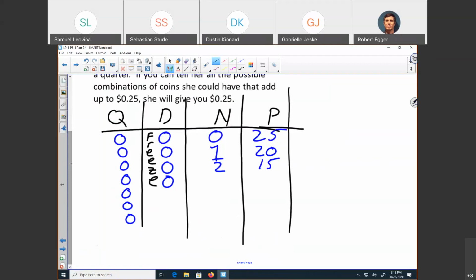Let's freeze our dimes for the time being. Let's get another nickel's worth of pennies out, because 3 nickels makes 15 cents. 15 plus 10 is 25. And 4 nickels is 20 cents, plus 5 makes a quarter.